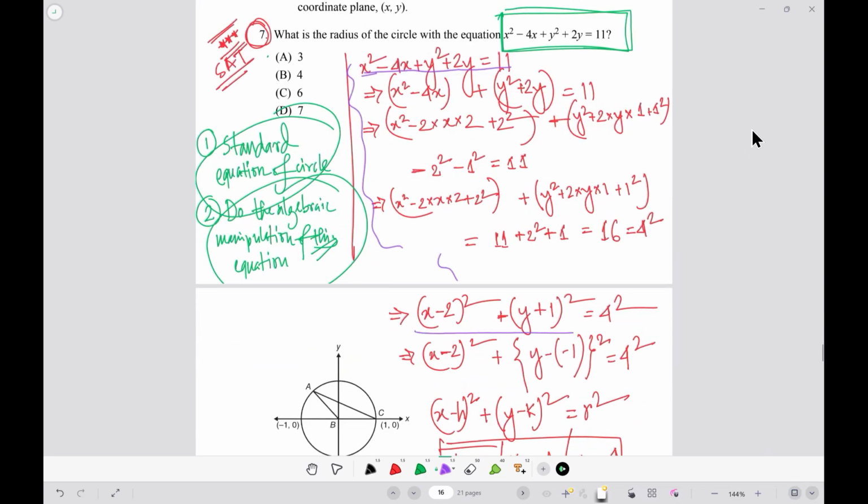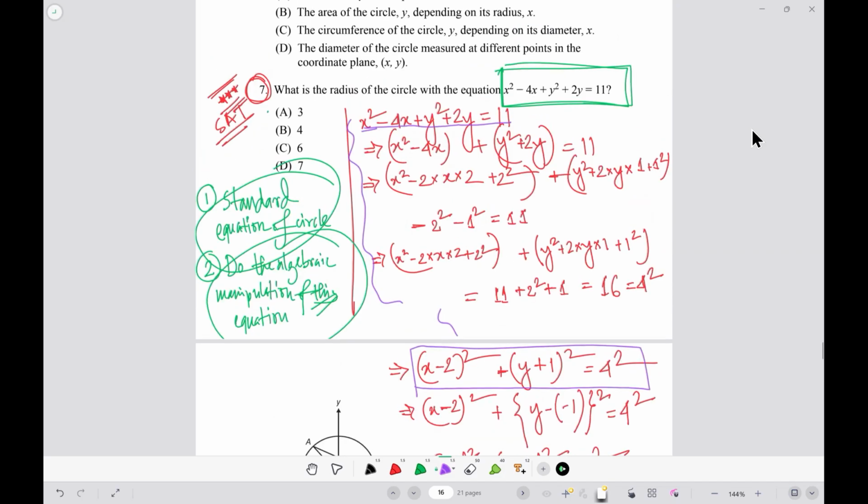To do that, we are going to make a packet of x and a packet of y, and the constant numerical value is kept on the right side of the equation.